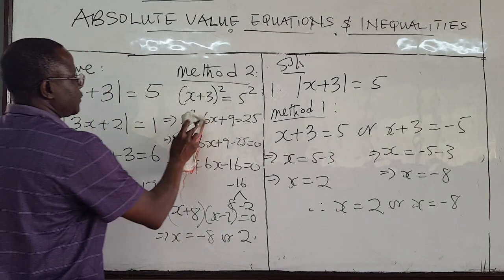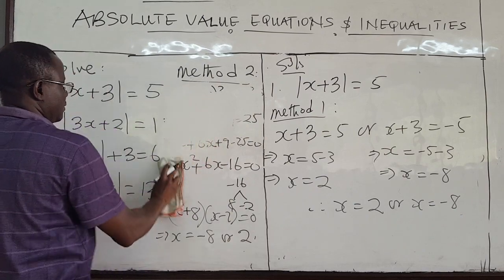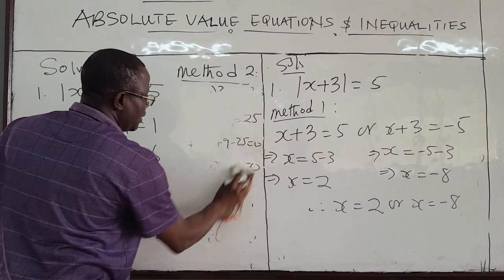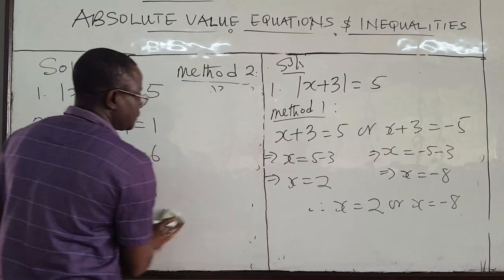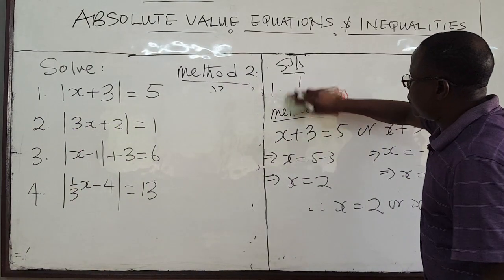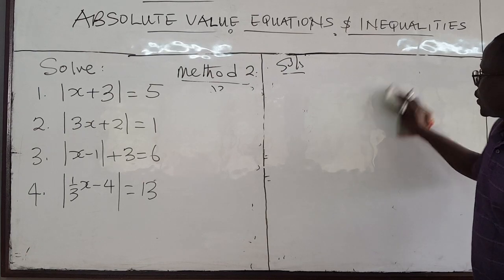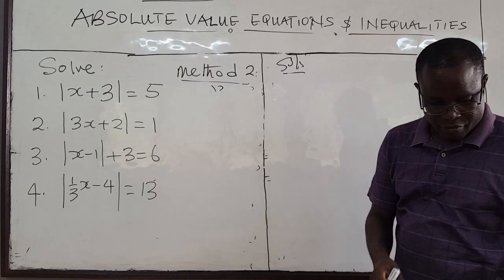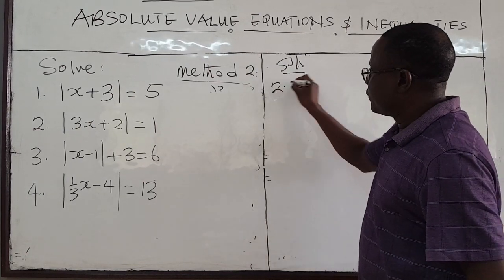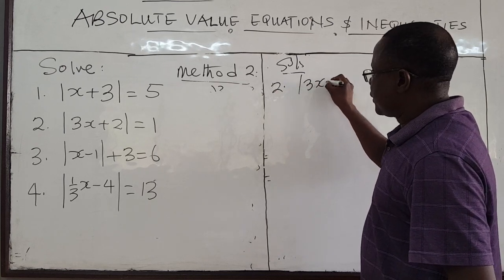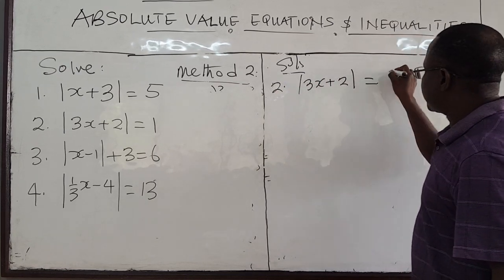All right, good. So we've done 1. Let's do question 2. We have |3x + 2| = 1.